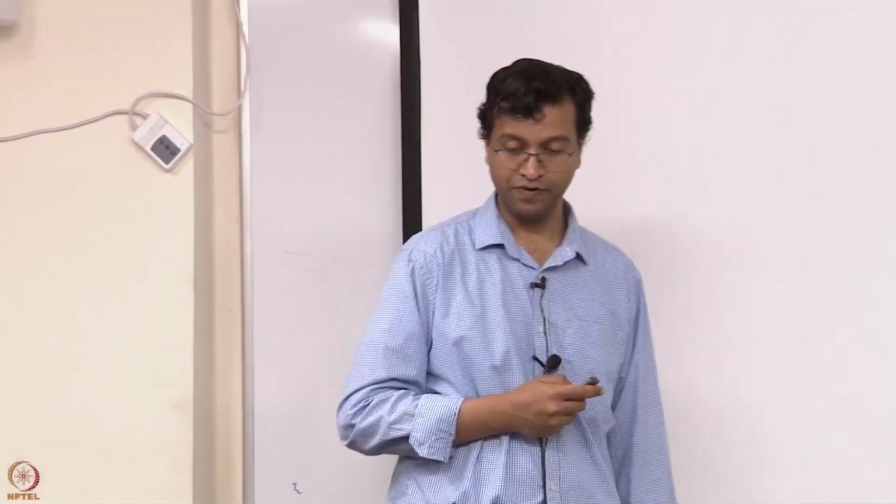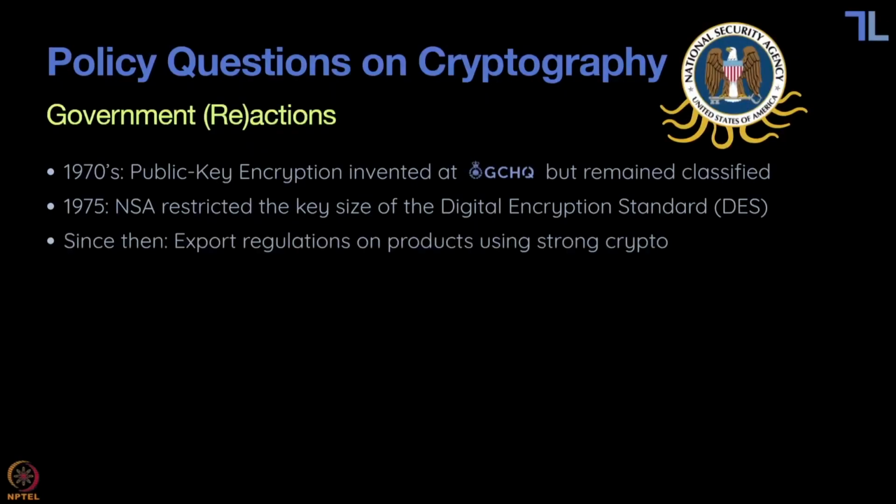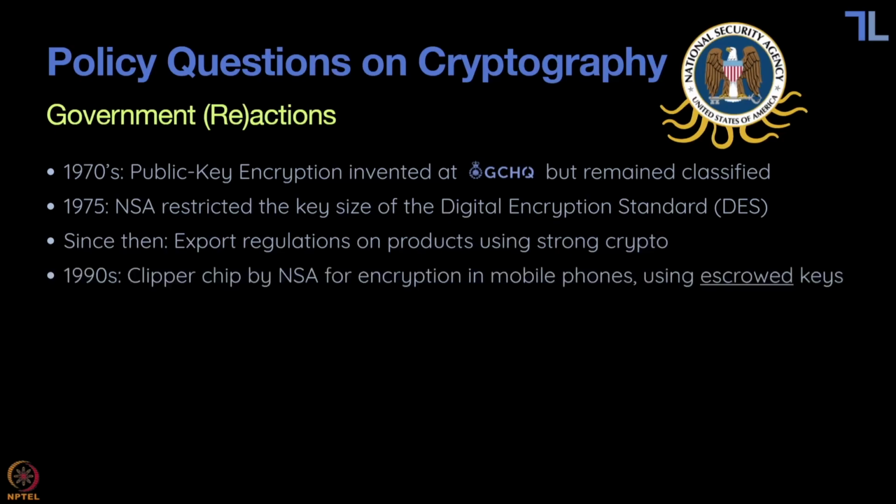They didn't tell anyone that was the case at that time, but it was fixed before it was standardized. Another thing I already mentioned, again in the US mainly, was that strong cryptographic components were regulated. They didn't want people, in particular people outside their country, to use strong cryptography.